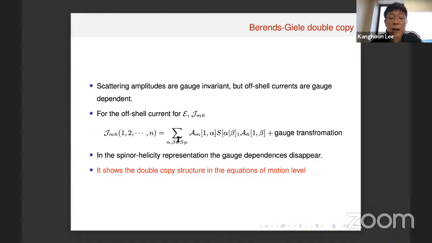And combining the spinor-helicity formalism in scattering amplitudes, we can ignore the gauge transformation part. So my basic motivation is seeing the double copy structure at the equation of motion level.